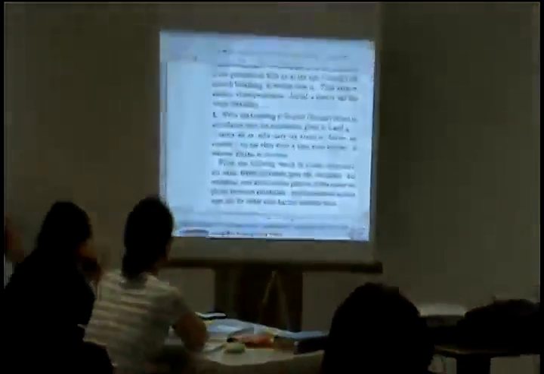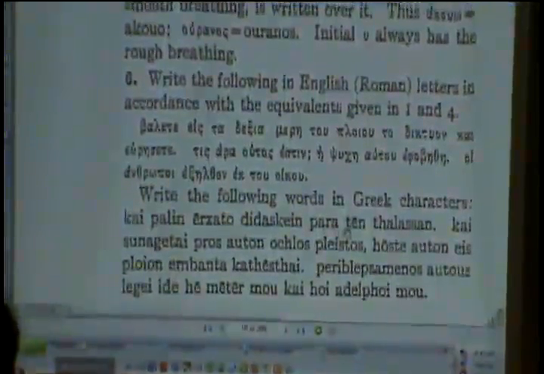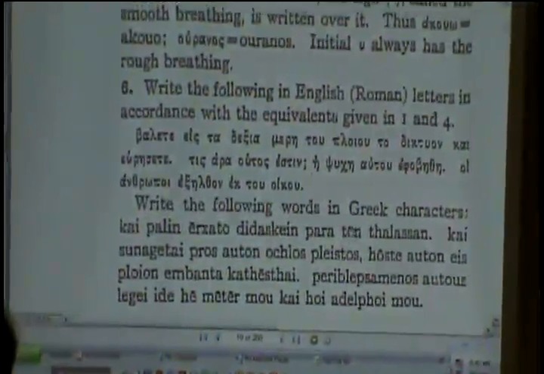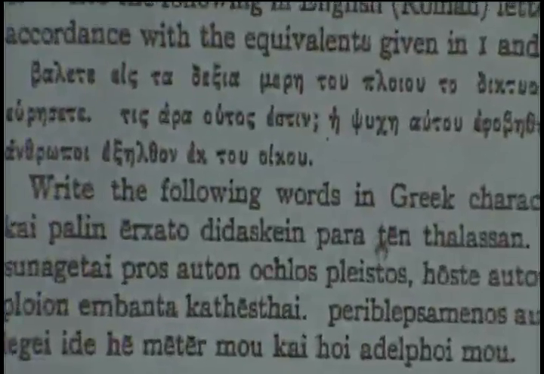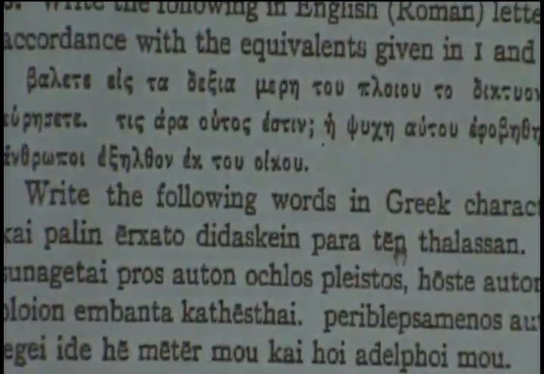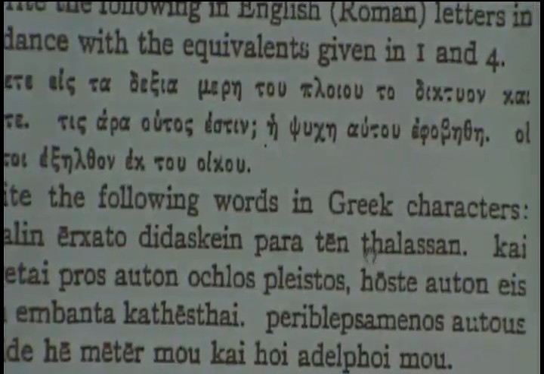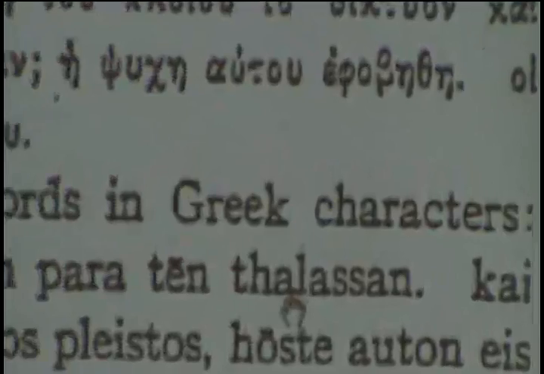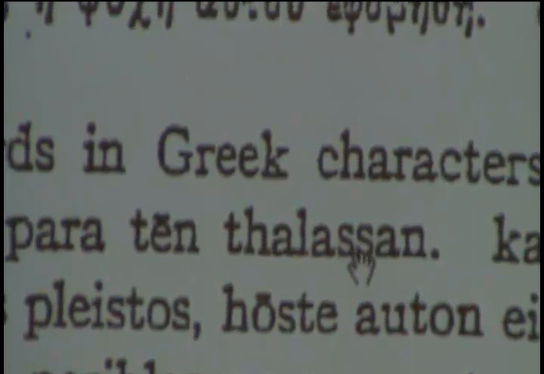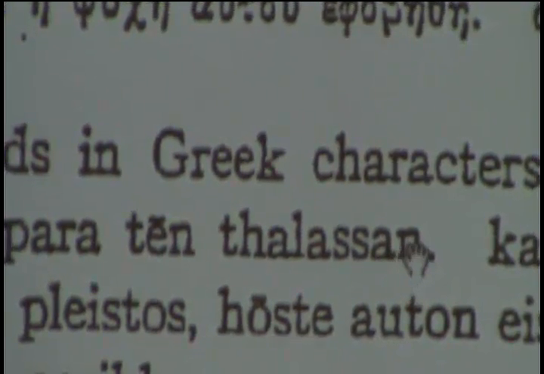So, anyway, which one are we on now? What word here? Para, oh yeah, para, P, alpha, rho, alpha, and this is ten. Remember that's a long E because it's got a long mark over it. That's tau, eta, nu, and this is thalassan, which is a C. This is theta, TH is theta, alpha, lambda, alpha, sigma, sigma, alpha, nu.